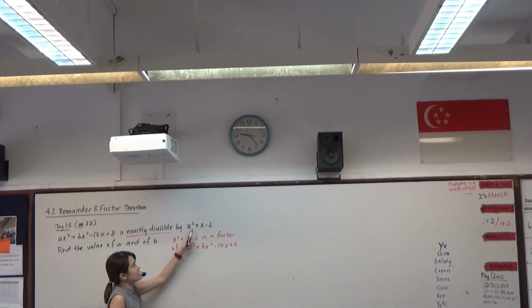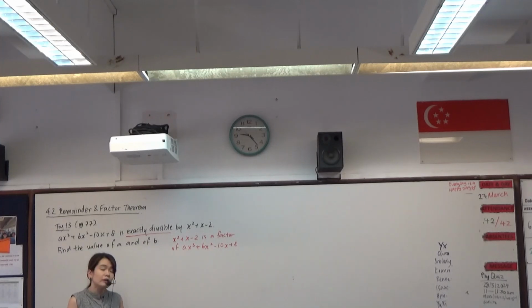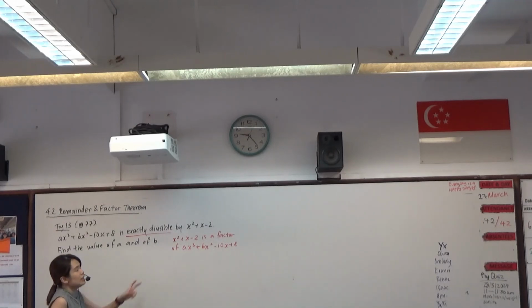But in this case, we have x squared plus x minus 2. It is not linear. Earlier on, all the factors that we were looking at are things like x plus 2, x minus 2, x plus 1. Their highest power is 1, so they are all degree 1 and linear. In this case, it is not linear.